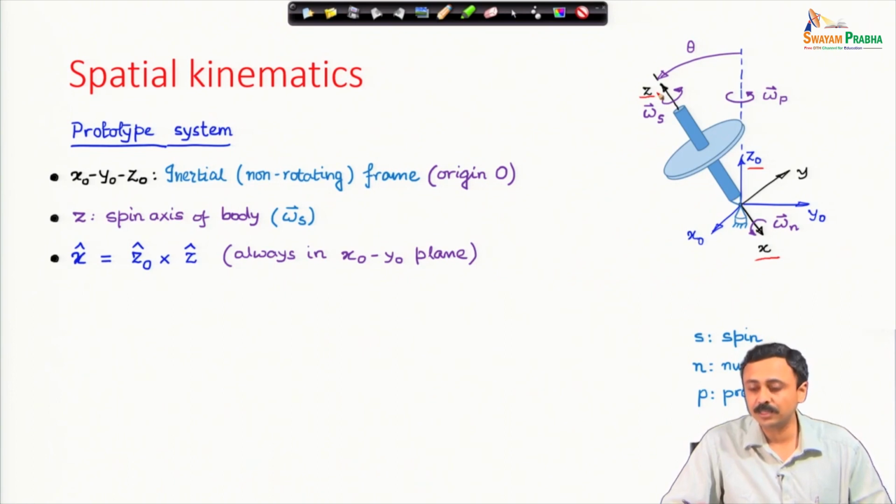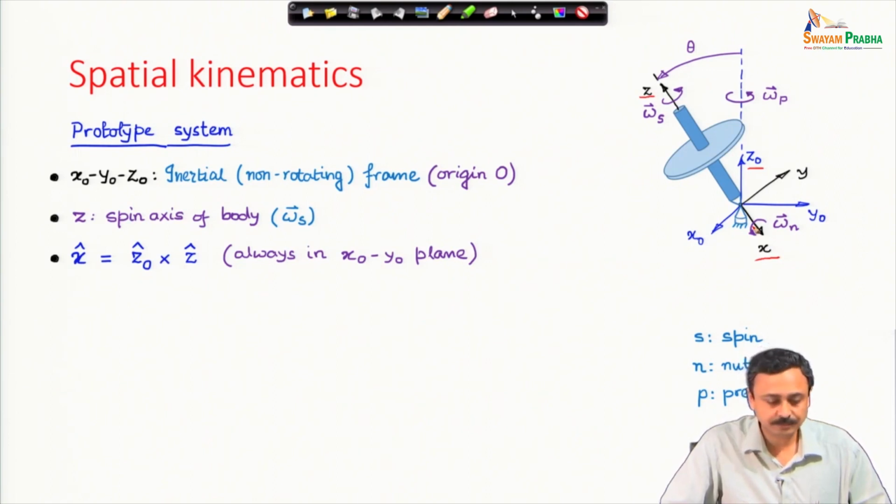Thus, the x axis is perpendicular to both z naught and z, and this x axis will always be in the plane x naught, y naught, because any direction perpendicular to the z naught axis must be in the x naught, y naught plane. So, here we have the x axis, and the y axis completes the right handed system x, y, z.